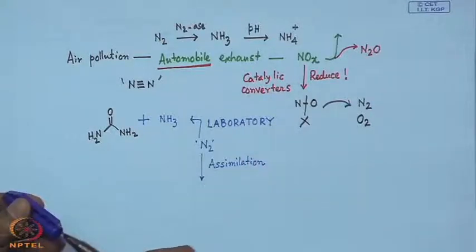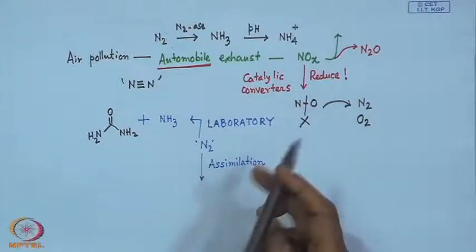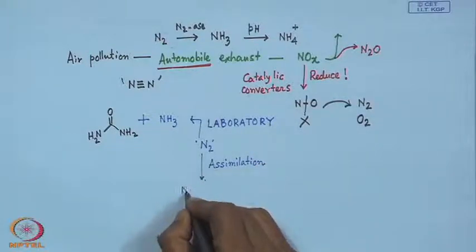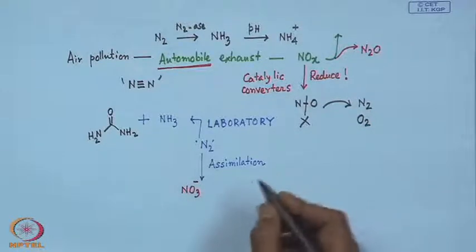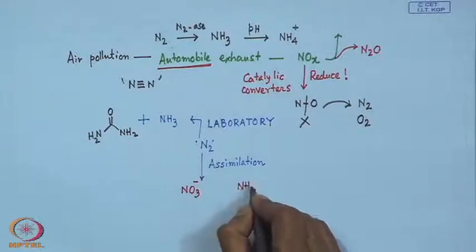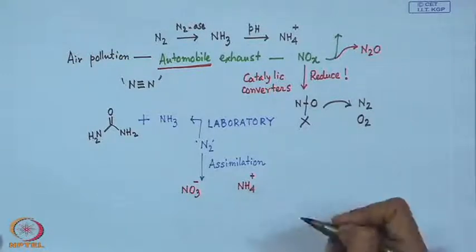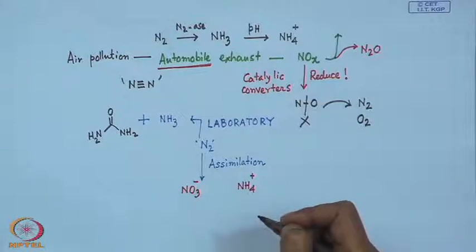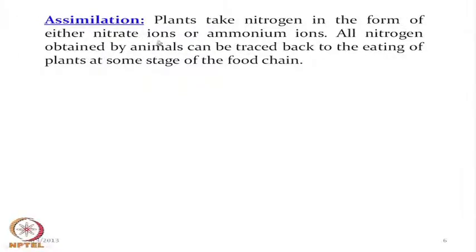What we get there is the formation of species, one important species is NO3 minus and another species is ammonia, and through protonation the ammonium ion. So, when ammonium ion and nitrates are forming, the plants are getting both these two species, in ionic form.